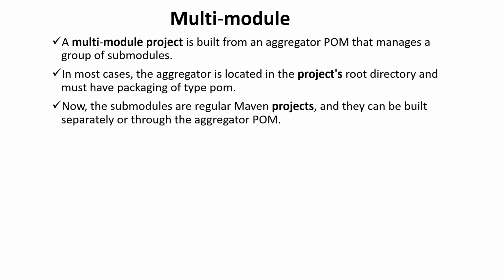So these are the settings that you need to maintain if you want to create a multi-module project: you need to set the packaging type of the root pom.xml as pom. I'm going to show that as well. Now the submodules are regular Maven projects, and they can be built separately or through the aggregator pom.xml.